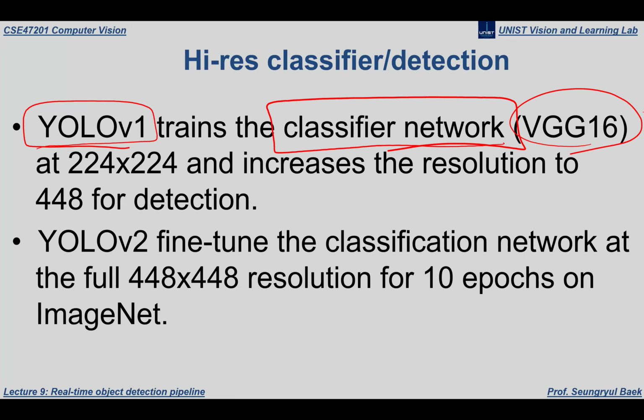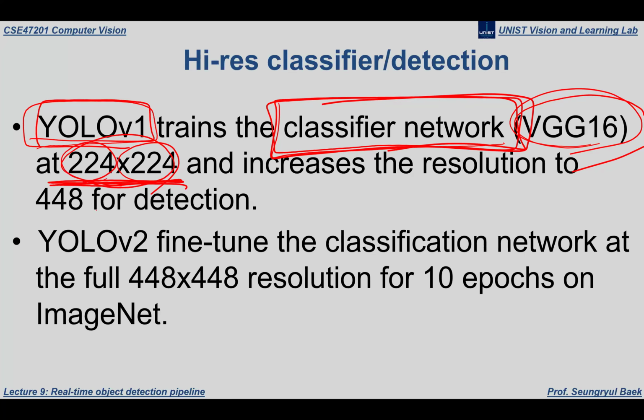Okay, we already saw this VGG16 network, but it was pre-trained on the ImageNet data, which is image classification data, and the image resolution was 224 by 224 when originally trained. But in YOLO version 1, they are using this architecture whose original input was 224 by 224.